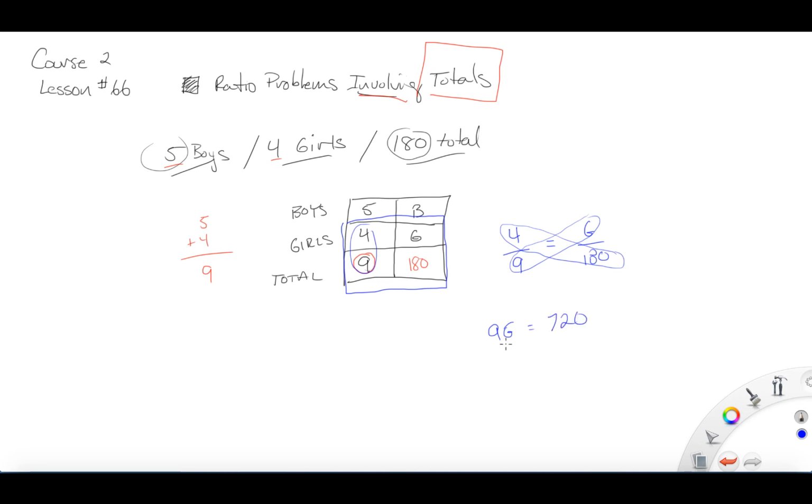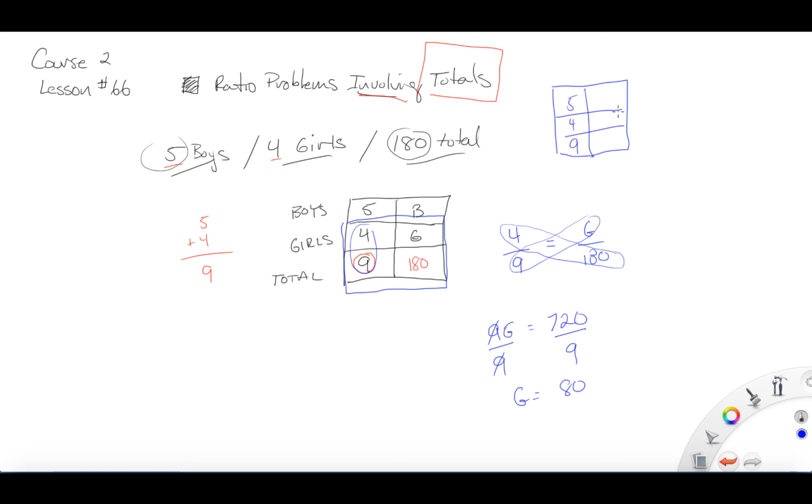All right, now if you want girls by itself, we're going to divide by 9 on both sides. These two cancel out, and what we're left with is girls equals 720 divided by 9 gives us 80. So we can go back and rewrite our chart here, okay? And we've got boys at 5, girls at 4.